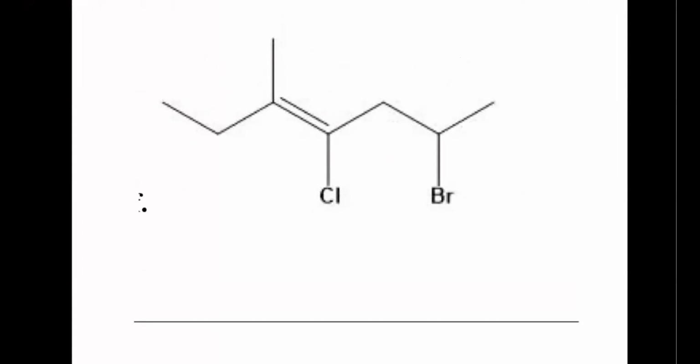I agree with the cis and trans. Okay, heptene, awesome. That's the parent chain. 1, 2, 3, 4, 5, 6, 7. I agree with the heptene. That's a great job. We need to number this.